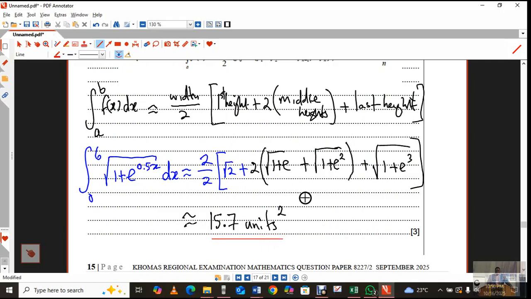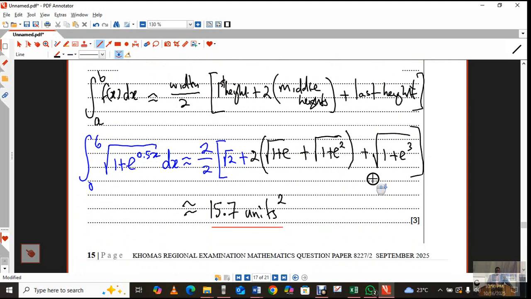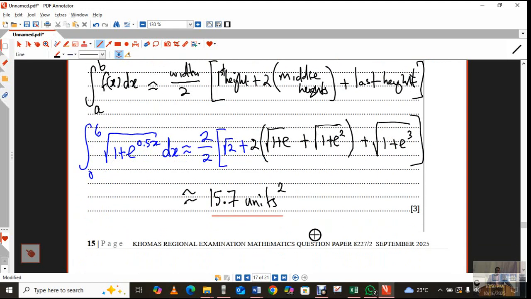So as we were instructed, to 3 significant figures. I will let it marinate now and play around with the calculator and see that you do get the answer of 15.7 units squared, which is obviously correct to 3 SF.